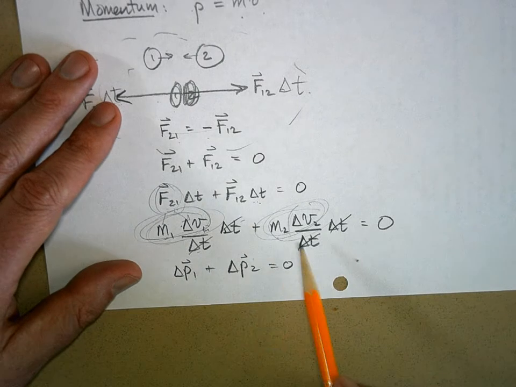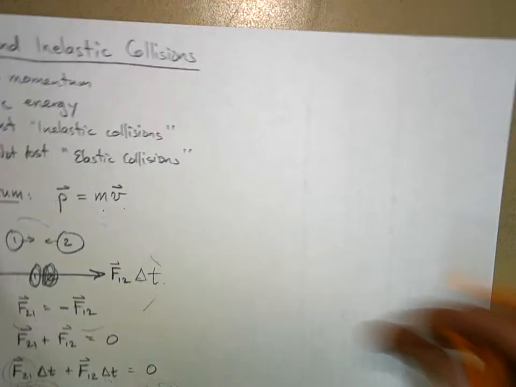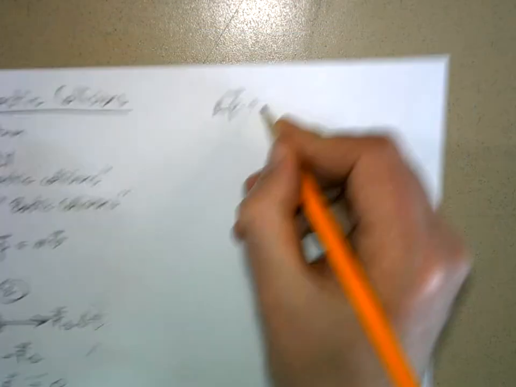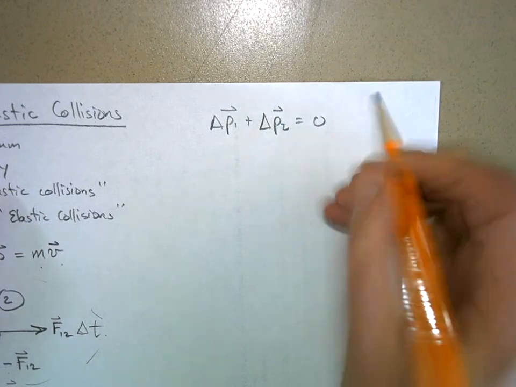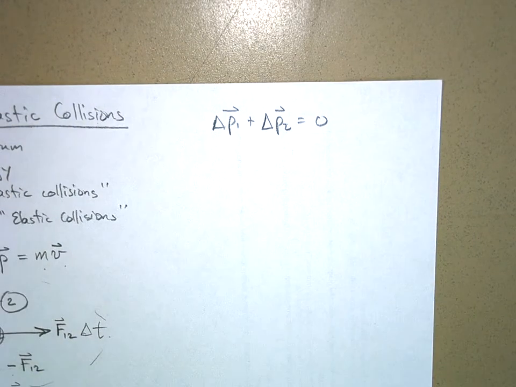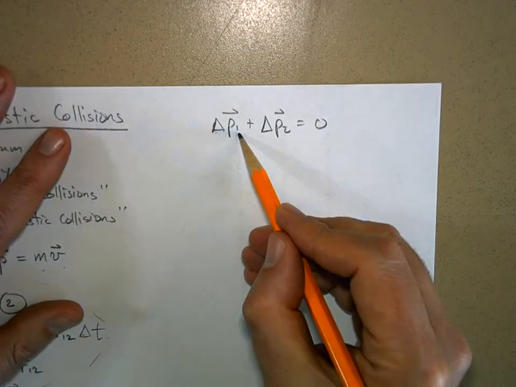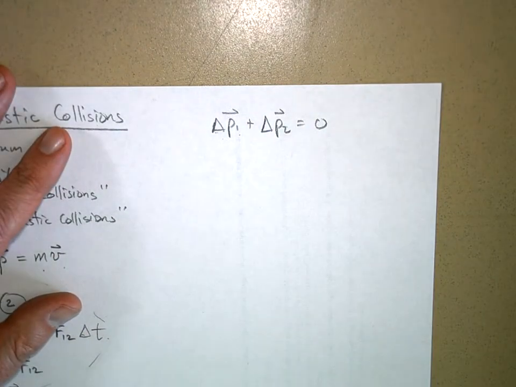Okay, now I'm going to rewrite this up here because I've run out of room. Delta P1 plus delta P2 equals 0. This means there's no change in momentum in my system overall. What does delta mean? Anytime you have a delta, you have a change in, right?